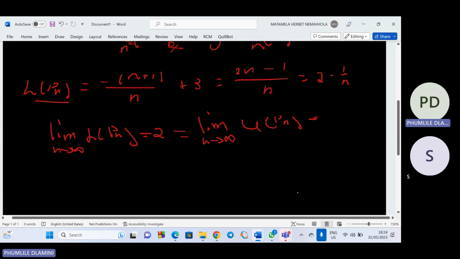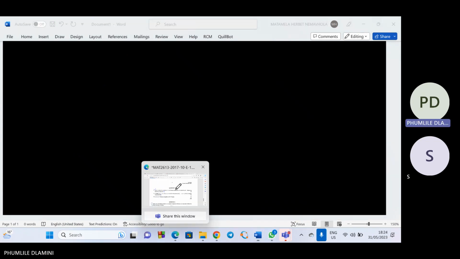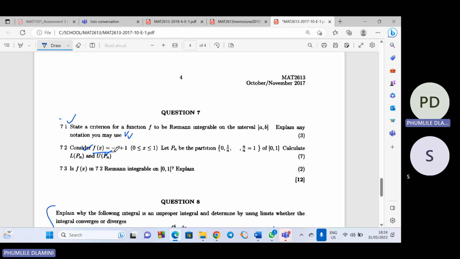do it this side. So in 7.2, we have this function. Give me 1 minute, I just want to copy it.